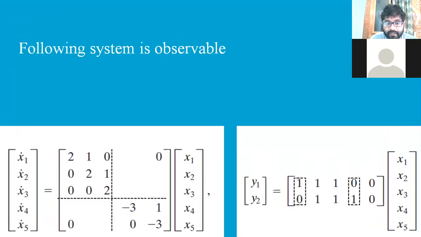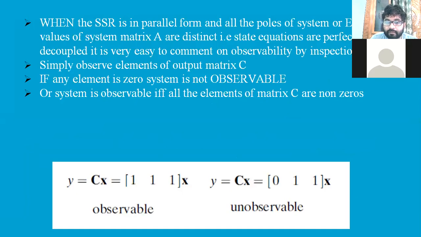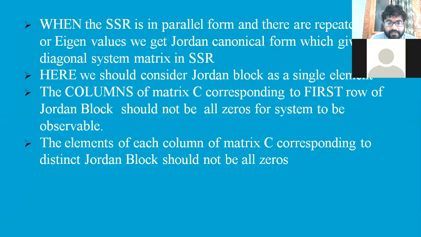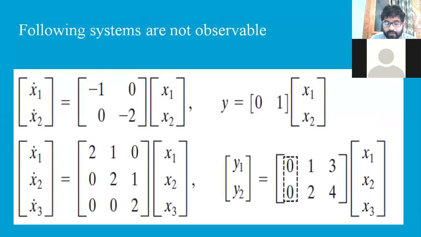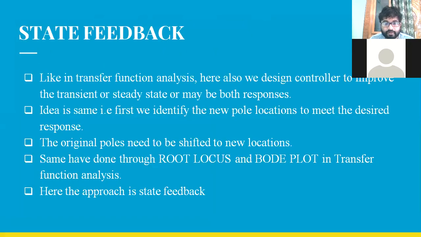These are well explained in the textbook, so please go through these examples also, because you may get questions on commenting on controllability and observability through Jordan representation. Let us come to the next topic, that is state feedback.